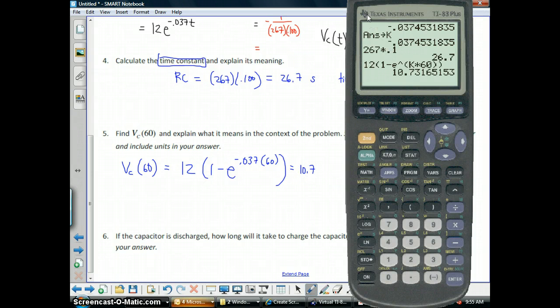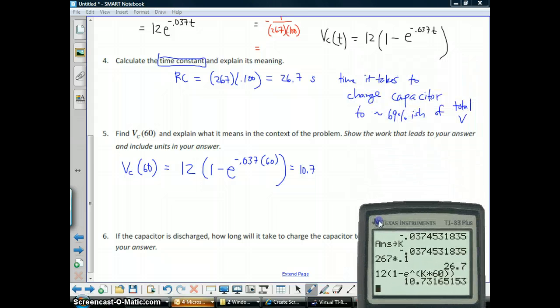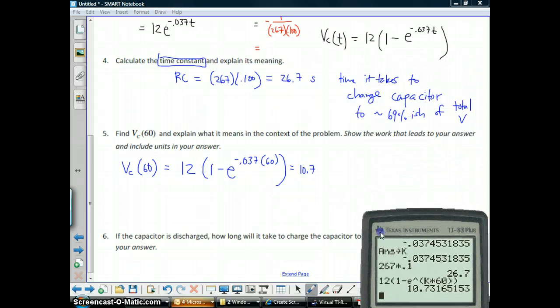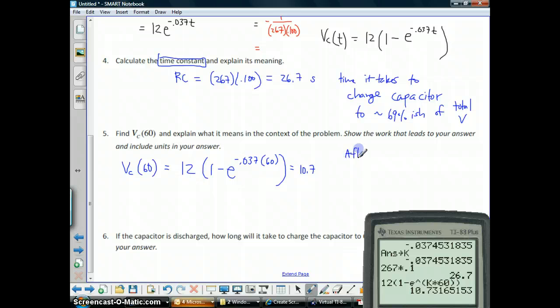It's about 10.7, and the meaning of this is that after 60 seconds, or a minute, the capacitor will be charged to 10.7 volts.